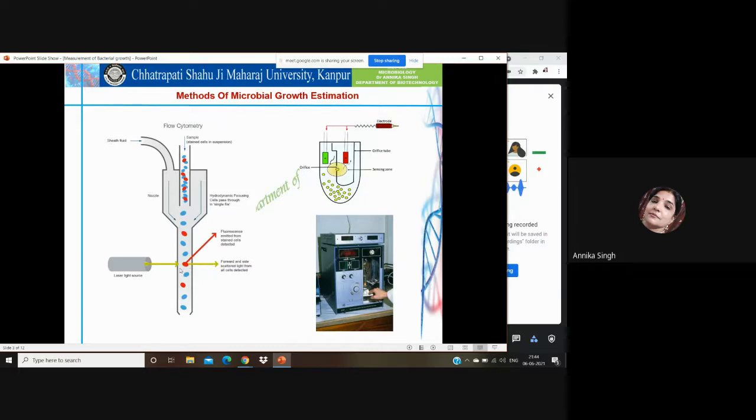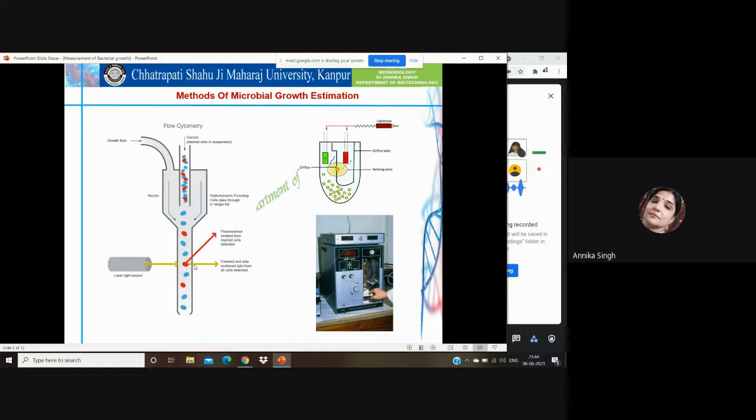As each cell passes through the beam, the light is scattered. When the cell passes through this laser light source, the light is scattered by the cell, and the scattered light is detected by the flow cytometer.